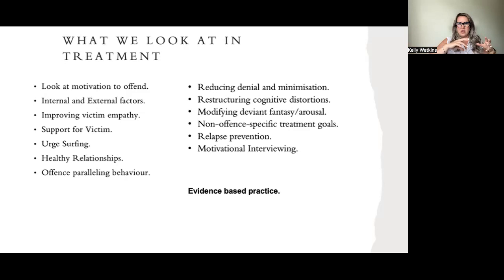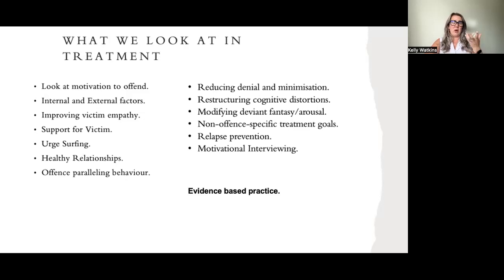Reducing cognitive distortion. So cognitive distortions are thoughts that would often almost approve our offending behaviour in our mind, or kind of give us rhyme or reason for doing it. So within that, it's about looking at what is that thought pattern that maybe is starting offending behaviour or is leading it to continue, and can we challenge it?